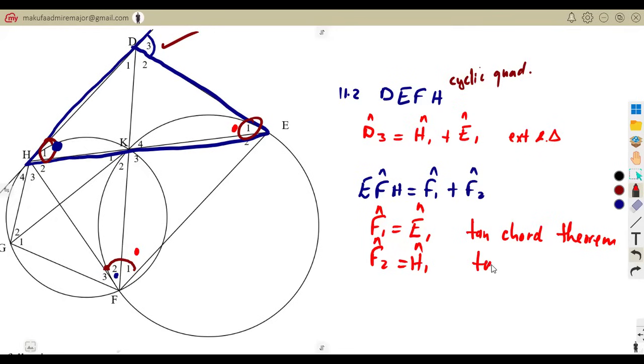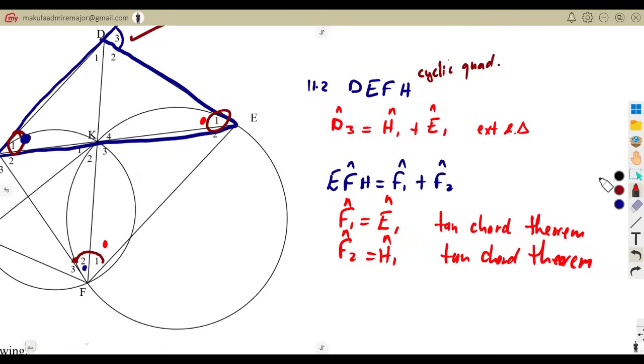All right. So we simply talk of the tan chord theorem again. So if these two are equal, guys, and we said D3 is equal to H1 plus E1. Here we are saying EFG is equal to F1 plus F2. What does it mean?